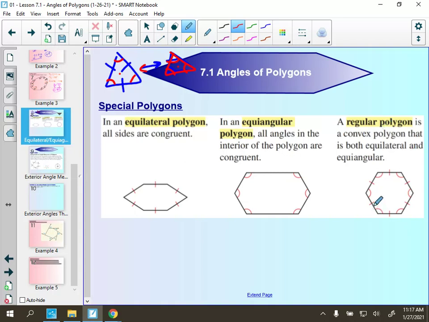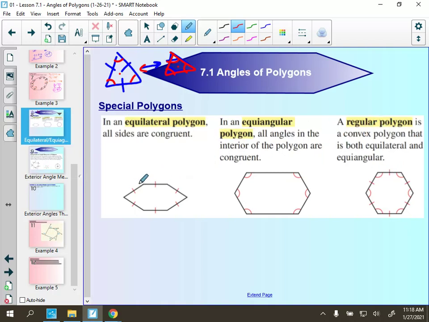It's just a regular old polygon, just regular. But regular is super specific. When I see that word regular, I need to understand that it means equilateral and equiangular. So regular means equilateral and equiangular. Just an isolated vocab concept there for us.